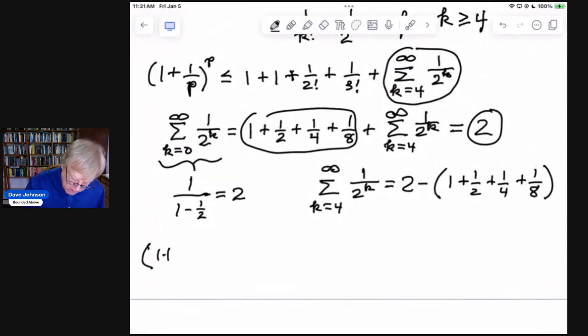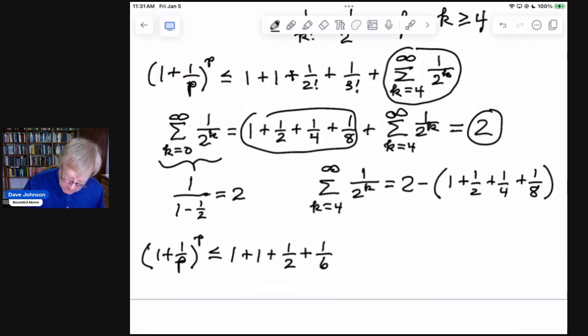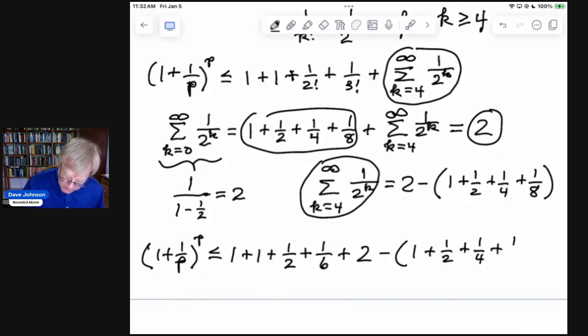So 1 plus 1 over p raised to the p is less than or equal to 1 plus 1 plus 1 over 2 factorial, which, 2 factorial is 2, so 1/2, plus 3 factorial is 6, so plus 1 over 6, plus, and now what we got for this, which is 2 minus the quantity 1 plus 1/2 plus 1/4 plus 1/8.